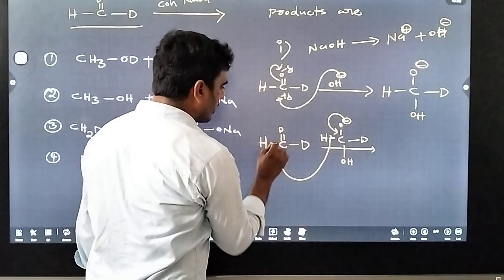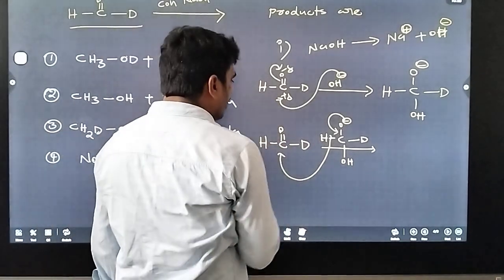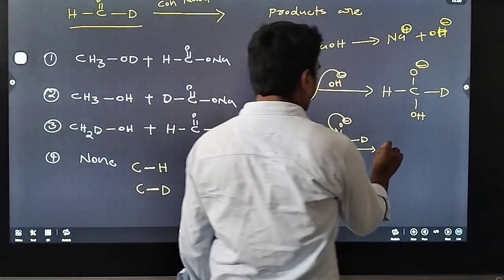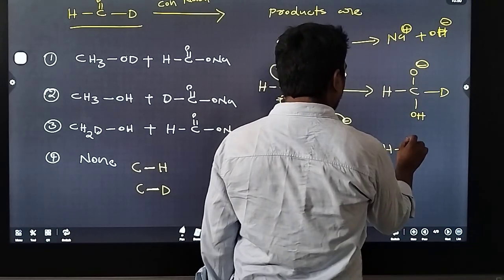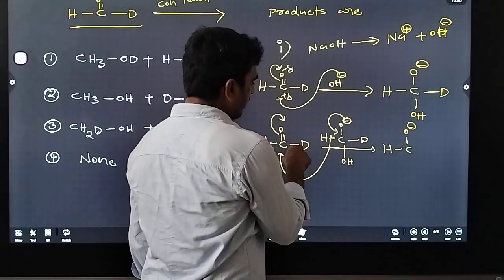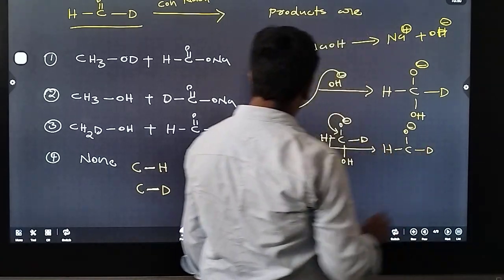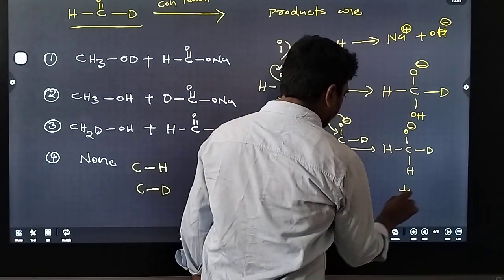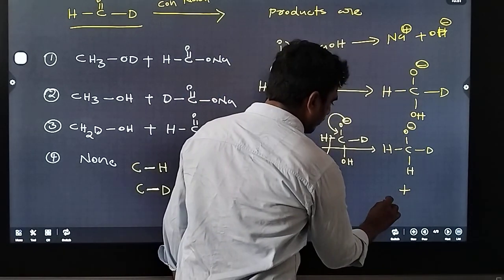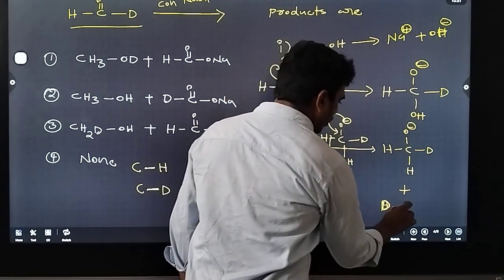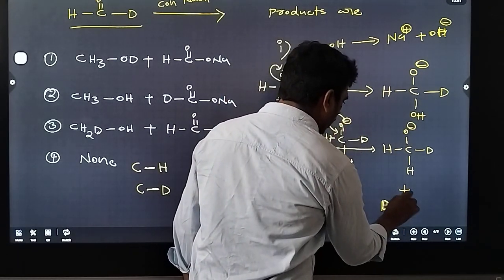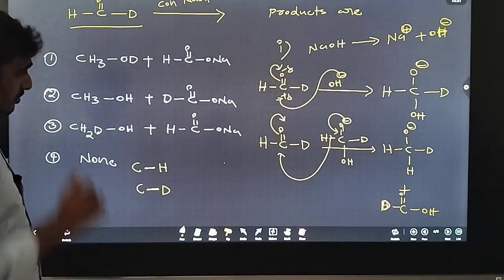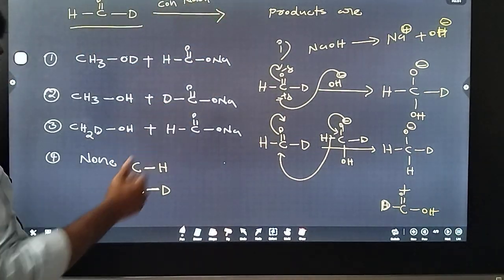The hydride ion H minus is displaced towards carbon, and again electron displacement is towards oxygen. So we get HCO minus, where D is already there. The remaining part: D connected to carbon, carbon connected to double bond oxygen, next to OH.